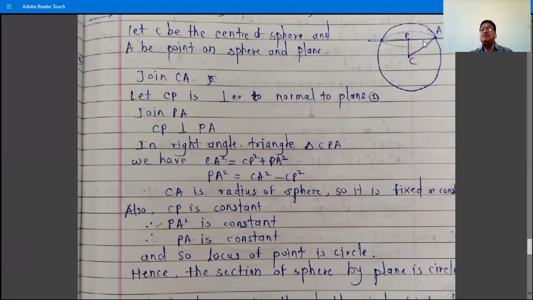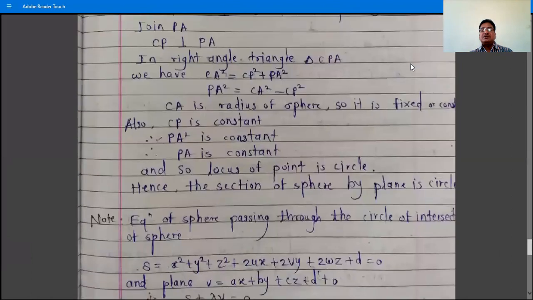It is fixed because the plane is placed at this place. So CP is also constant, CA is constant, and therefore PA square is constant, because both these terms are fixed. Therefore PA is constant.